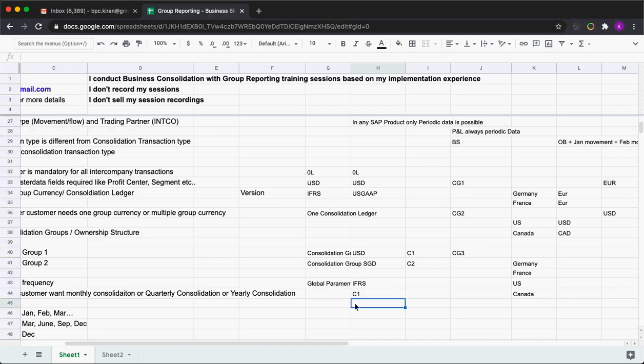When I want to do SGD, I will select the version as IFRS and this is C2. But for me to even define the master data in my consolidation group, rows 40 and 41, I need a new version, isn't it? Because if I use USD and SGD, it will be replaced. Correct.